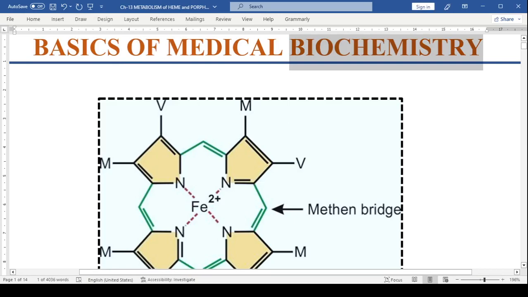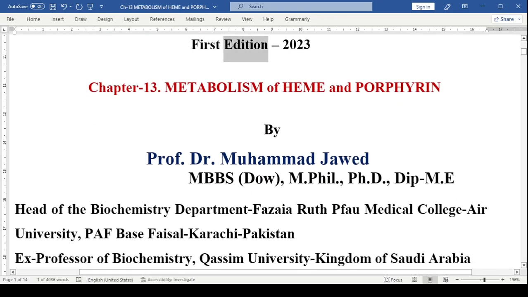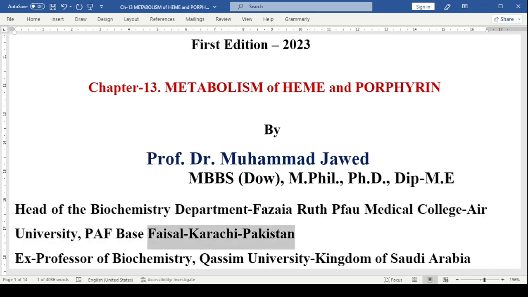Basics of Medical Biochemistry. First edition, 2023. Chapter 13. Metabolism of Heme and Porphyrin. By Professor Dr. Muhammad Jawad. MBBS, DCP, M.Phil., Ph.D., Dip M.E. Head of the Biochemistry Department, Fazaia Ruth Pfau Medical College, Air University, PAF Base Faisal, Karachi, Pakistan.